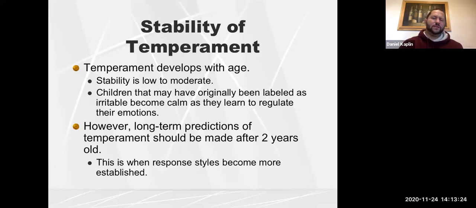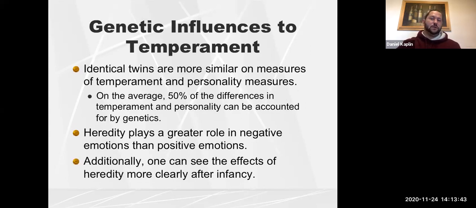However, what's interesting is by 2 or 3 years old, your temperament becomes fairly stable. So long-term predictions around temperament and adult outcomes can start to occur from 2 to 3 years old, because that's when your response styles become more established.